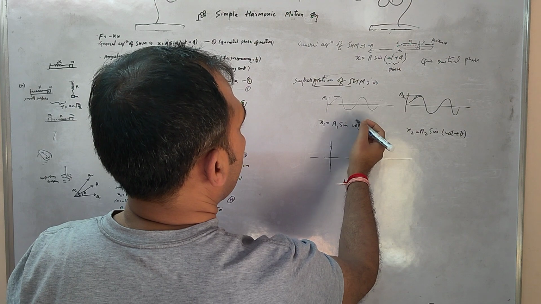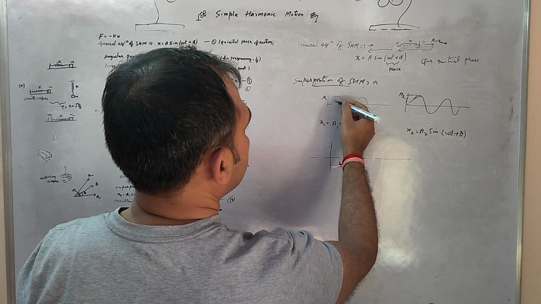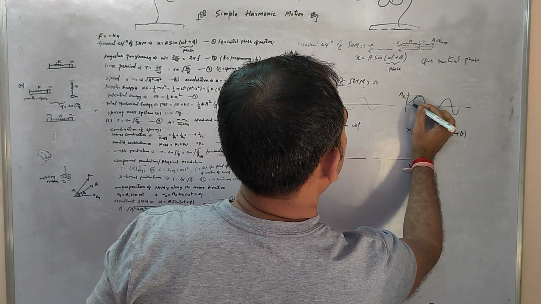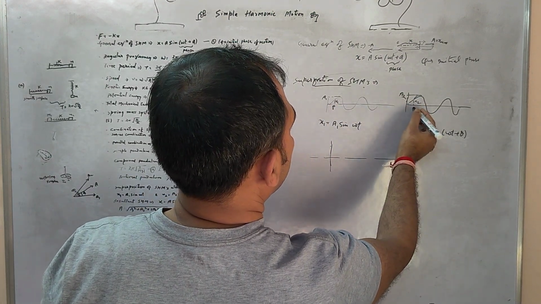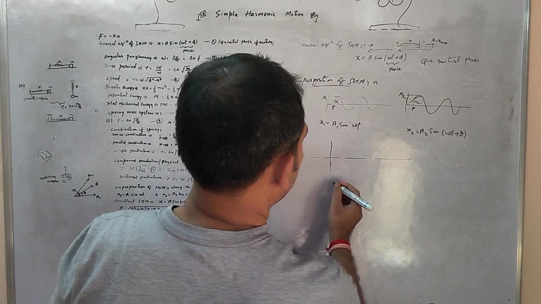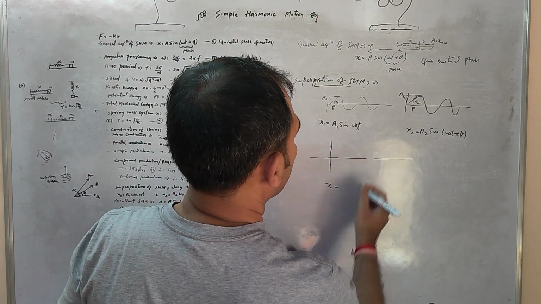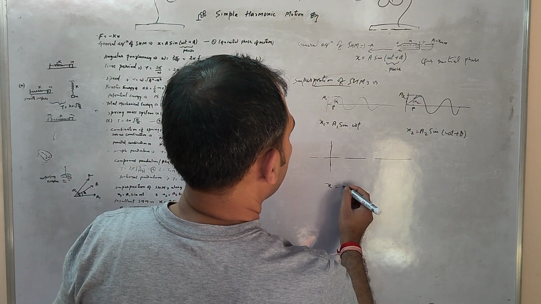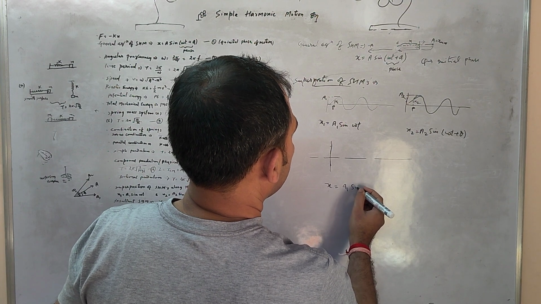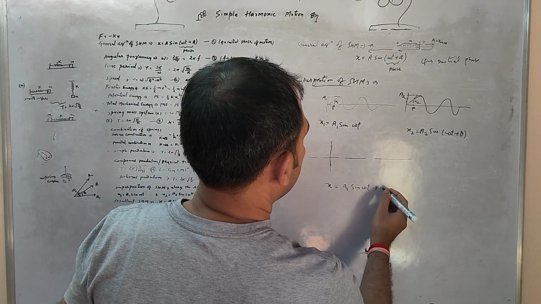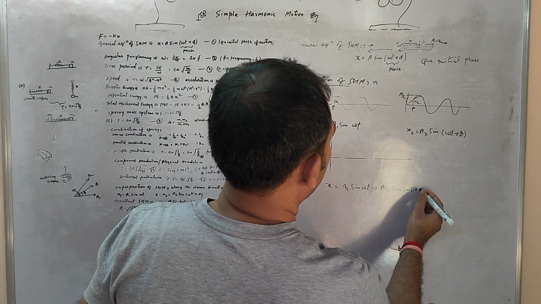At any general point t, x1 is the displacement by this and x2 is the displacement by this of any particular point p, then the resultant x will be equal to the summation x1 plus x2. So that will be a1 sin omega t plus a2 sin of omega t plus theta.